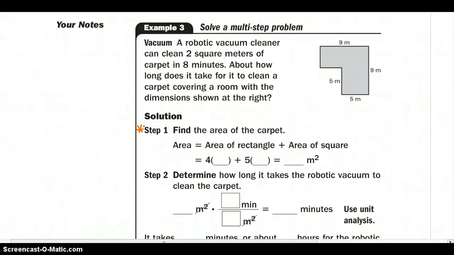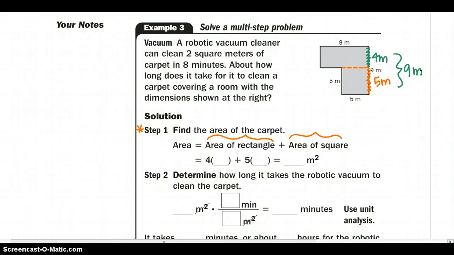So we can find the area of a rectangle and the area of a square, true statement. So if I cut this over here, I know that this section would be 5 meters, which would leave me with my top section being 4 meters, because 4 plus 5 equals 9 meters, which they give us.